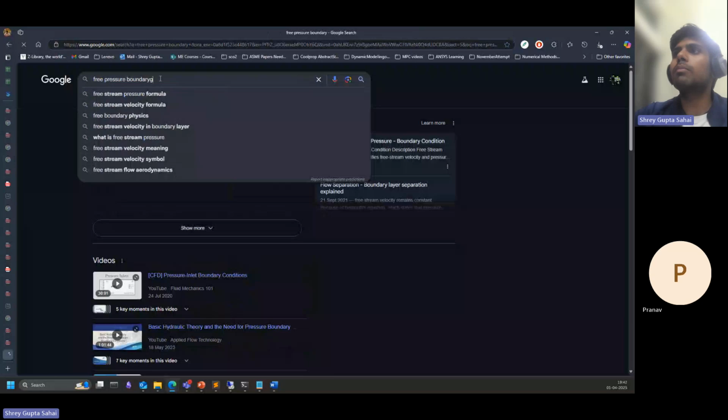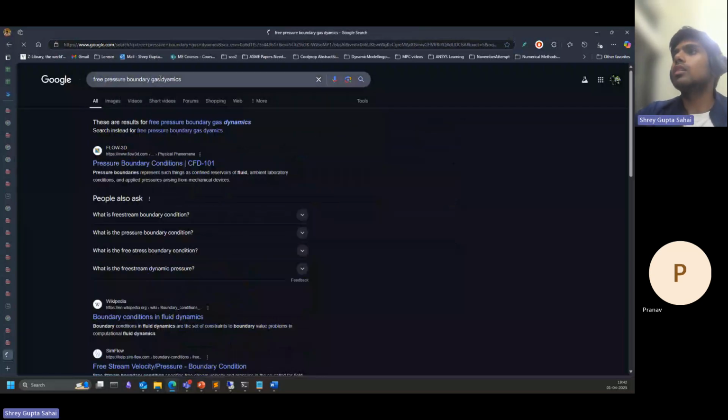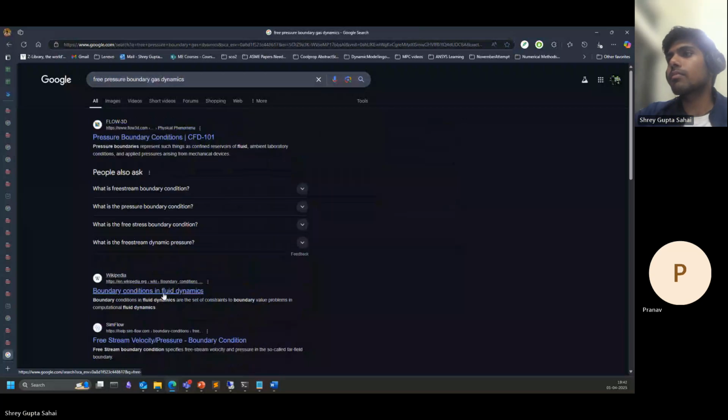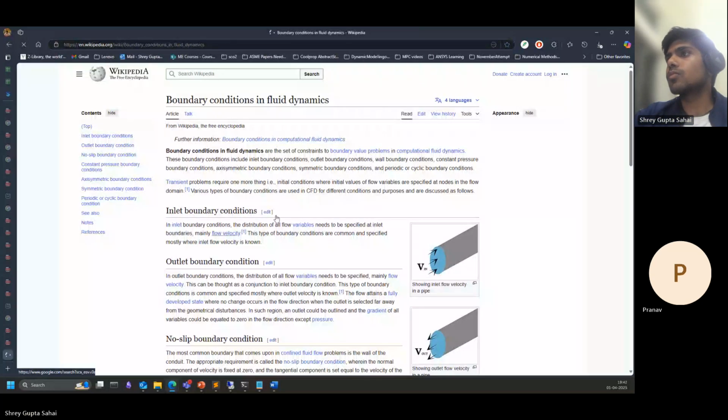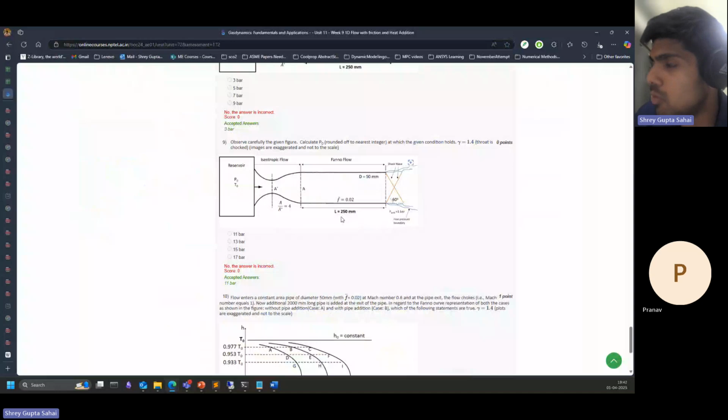I think free pressure boundary implies that it's a static quantity. Okay, that is something we'll discuss later on. But let's say just after the shock, the static pressure is 1 bar ambient. Then, because we essentially want to calculate P naught, which is the total quantity, I will stick to this value.